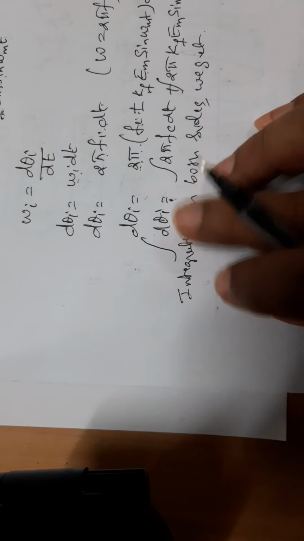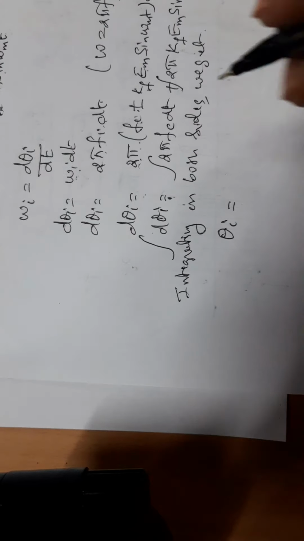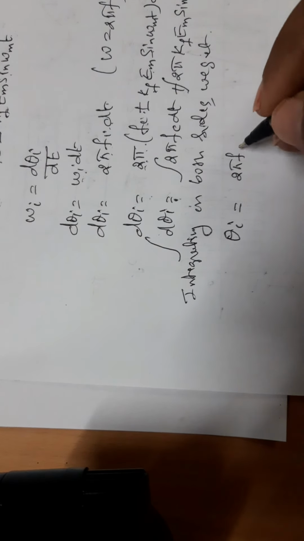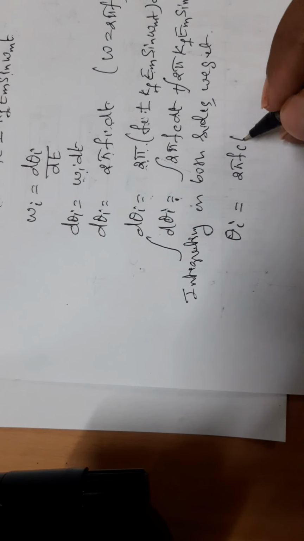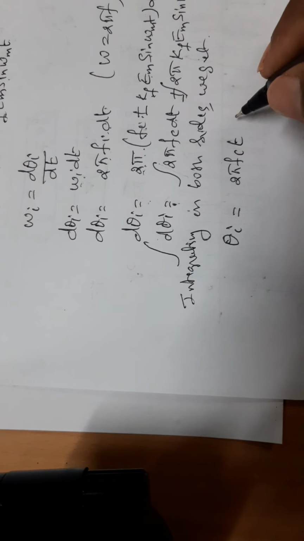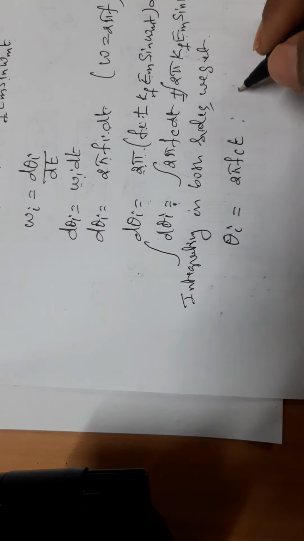Similarly, the integral of d theta i is theta i, which is equal to 2 pi Fc constant, and the integral of dt is t itself, plus or minus 2 pi Kf Em constant.